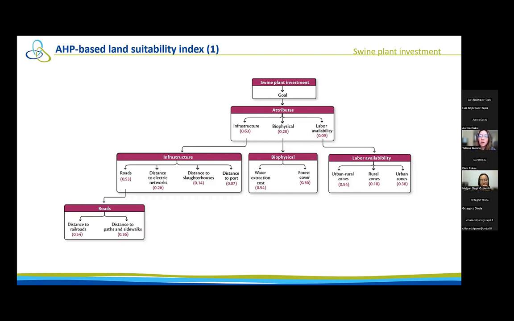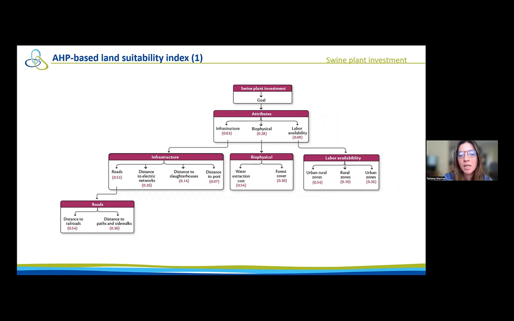The first one was of swine plant investment. We had around 60 participants that agreed that infrastructure, biophysical, and labor availability were the attributes that they would look for in the territory to invest. They selected criteria such as distance to electric networks, roads, to the main port of Yucatan, water extraction costs, and distance to rural and urban zones, for example.